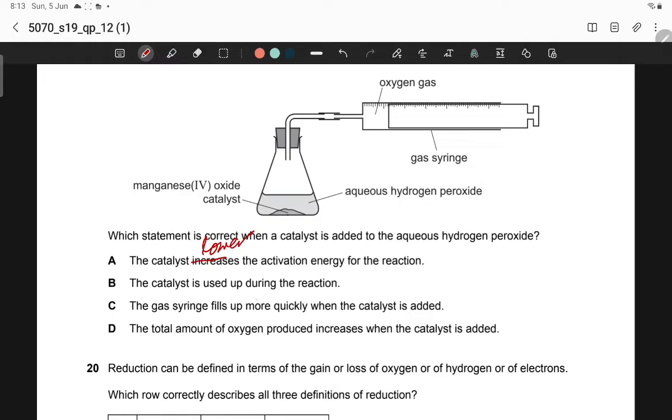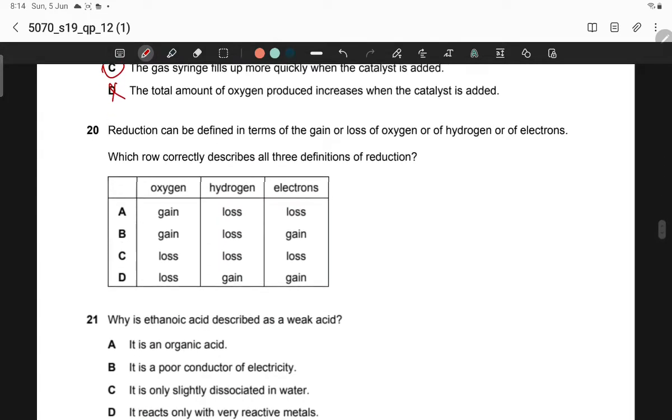The catalyst is used up during the reaction: this is incorrect. The gas syringe fills up more quickly when the catalyst is added: this is correct. C is the correct option. The total amount of oxygen produced increases when the catalyst is added: the catalyst does not affect the amount of product, so this is incorrect.